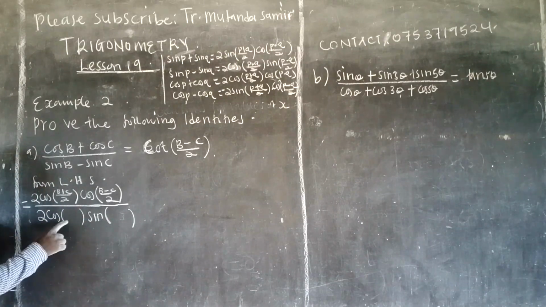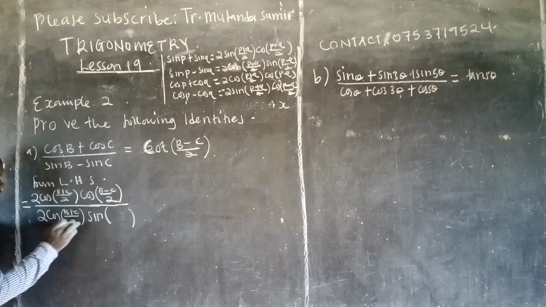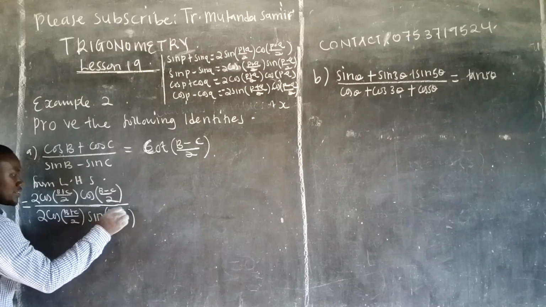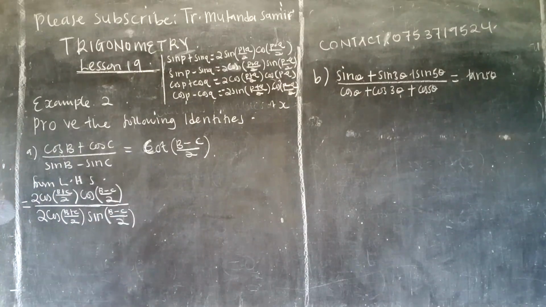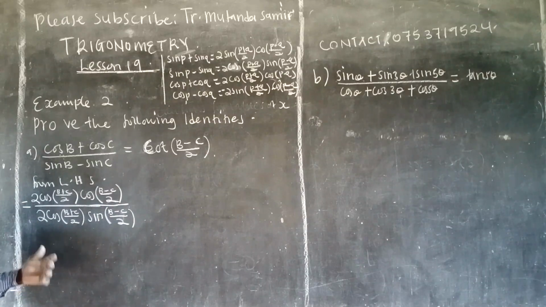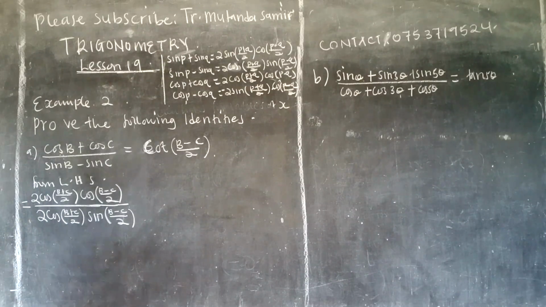In the first part, you add the angles, divided by 2. The second part, you subtract the angles, divided by 2. That's how simple the factor formula is. You just recall that sine P minus sine Q will be 2 cos sine: 2 cos, add the angles divided by 2, sine, subtract the angles divided by 2.